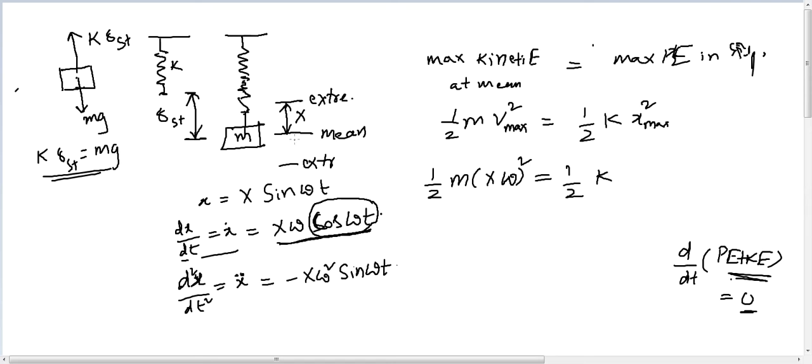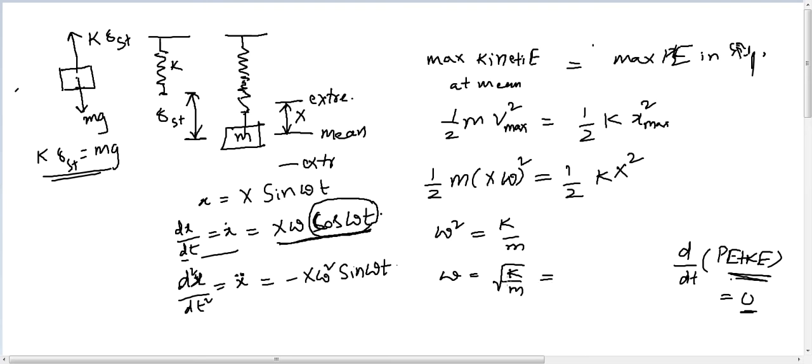What is the maximum displacement? That is nothing but the amplitude, capital X. If we solve this equation, we get omega square equal to k by m, and omega is the square root of k by m.